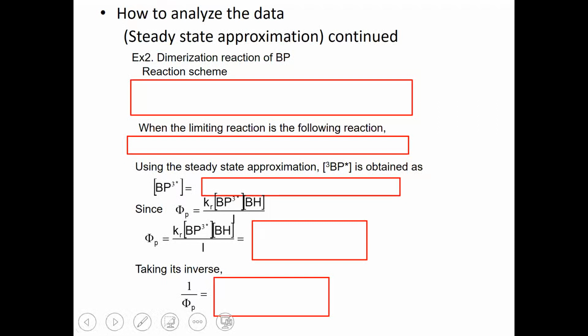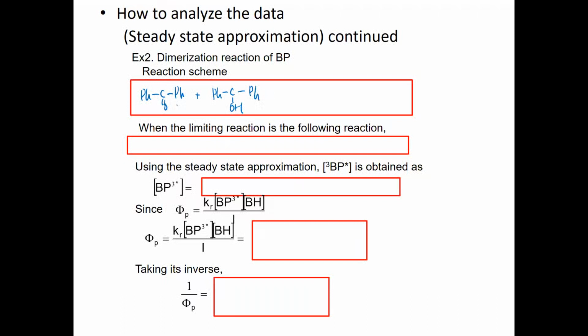Let me rewrite this process, a different version a little bit actually.